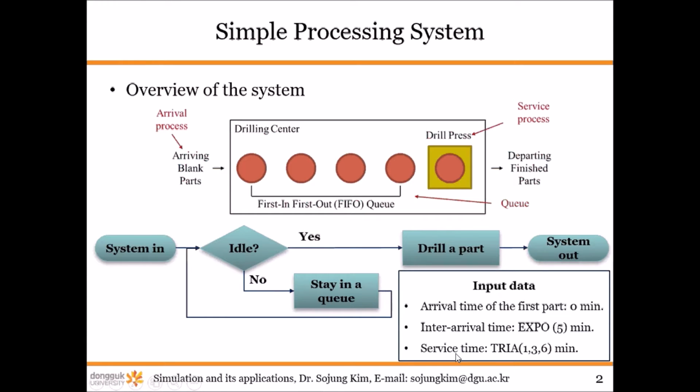In this problem, we have a triangular distribution with the three parameters 1, 3, 6 minutes. Okay, so based on this input data, we are ready to develop the simulation model.